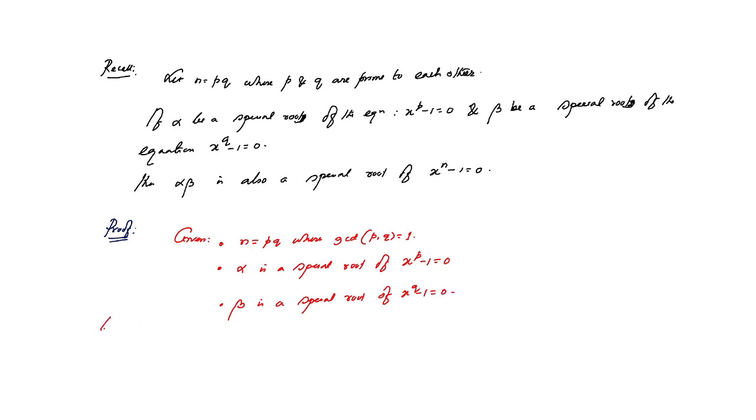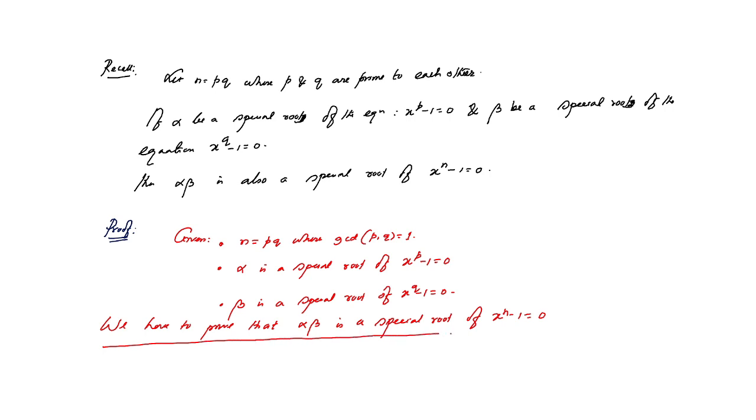What we have to prove is that alpha beta is a special root of x to the power n minus 1 equals 0.